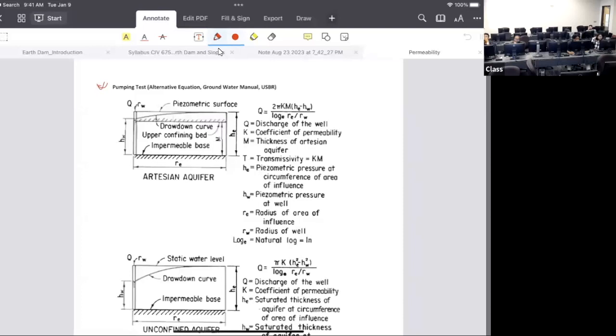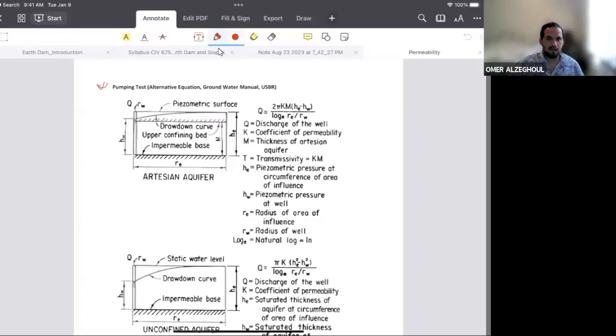What is the major difference between sand and clay? There will be one difference for sure. What will be that difference? Sand will have a constant Q. After you do the drawdown, it will just be constant over time, whatever value of Q, but the clay soils will just keep decreasing the amount of water we pump from the well.